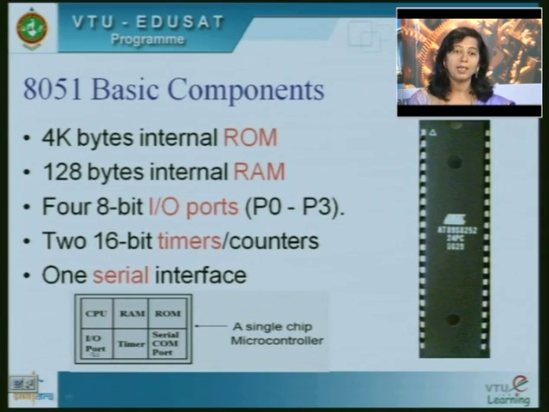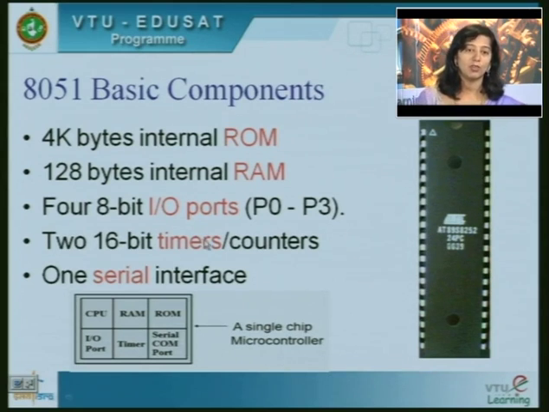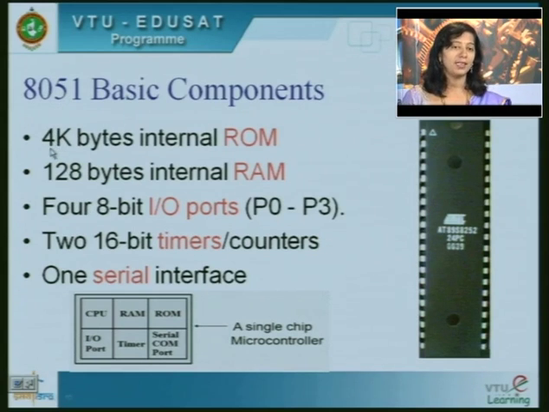These are the basic necessities which will be present on one single chip microcontroller like the 8051 shown here in the picture. So, the 8051 has basically these fundamental things: 4 kilobytes of internal ROM, 128 bytes of RAM, random access memory, 4 8-bit IO ports, port 0 to port 3.